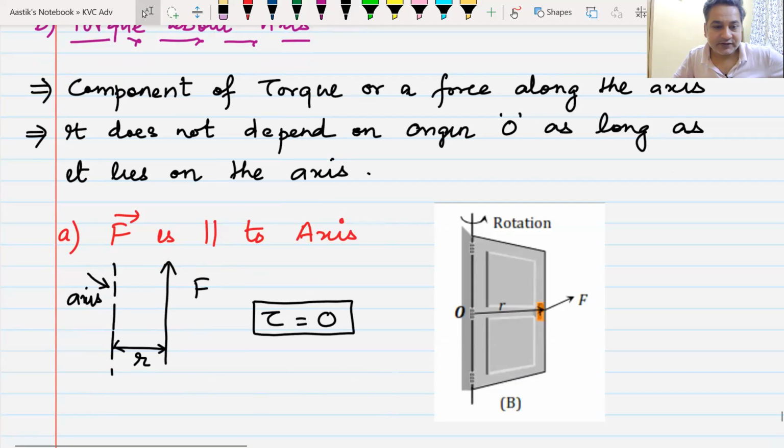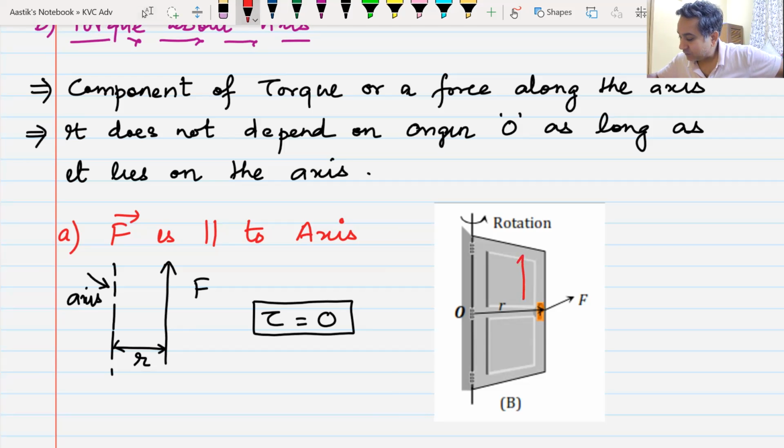You can see this door. This door rotates on one of its sides. If I apply a force up on the door or down on the door, does the door rotate? Does the door open? If I apply a force like this, will the door open? Will the door open?